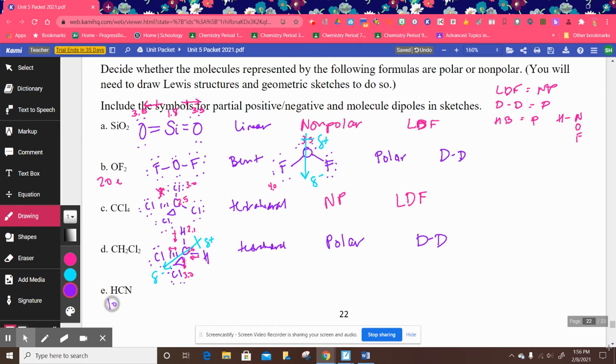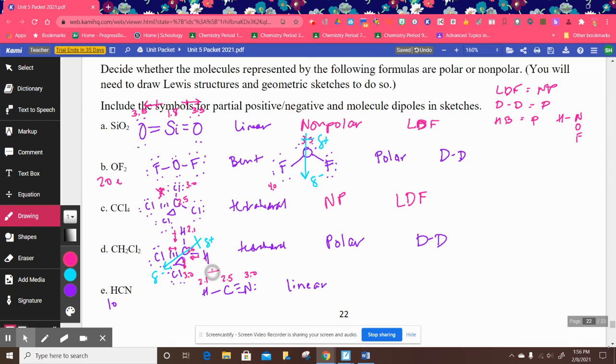So we need a total of 10 electrons. Carbon will go in the middle, attach nitrogen, attach hydrogen. So 2, 4, I'm going to do 6, 8, 10. We've drawn this one a few times. This is linear. Now, just because it's linear does not make it nonpolar. Let's look at the electronegativities. So carbon is a 2.5. Hydrogen is a 2.1. Now, nitrogen over here is actually a 3.0.